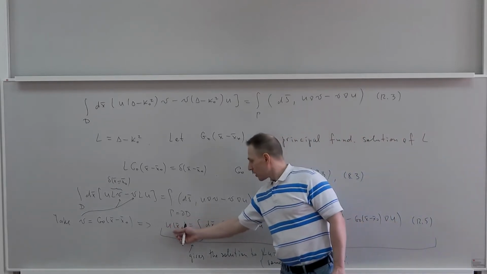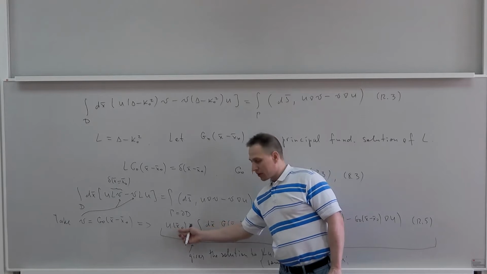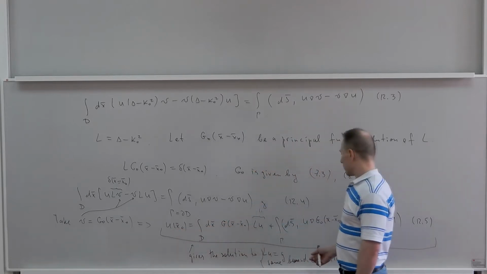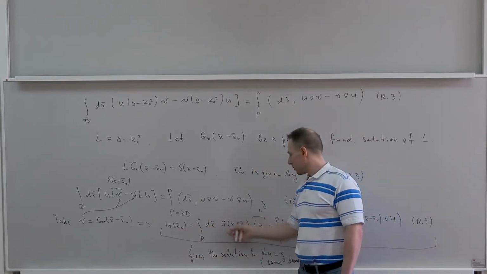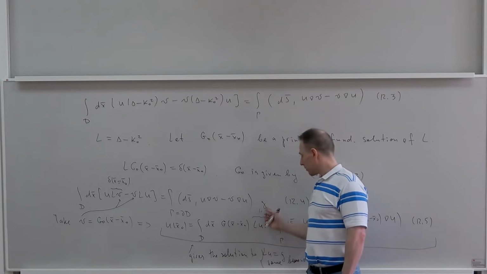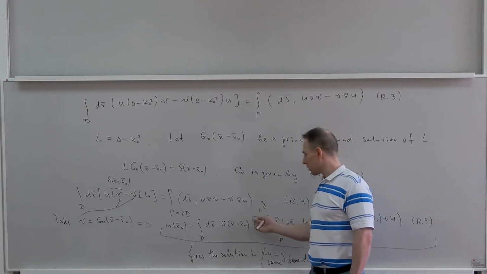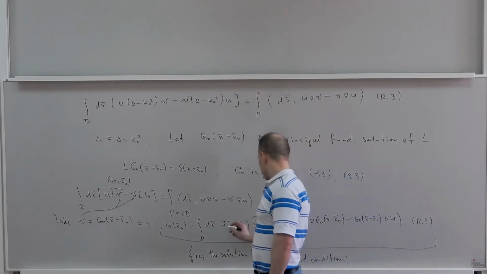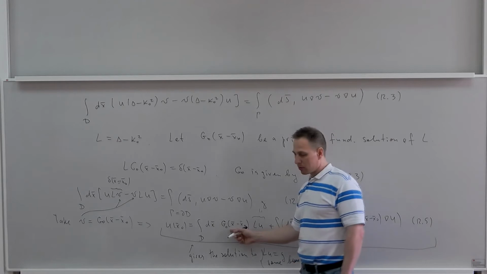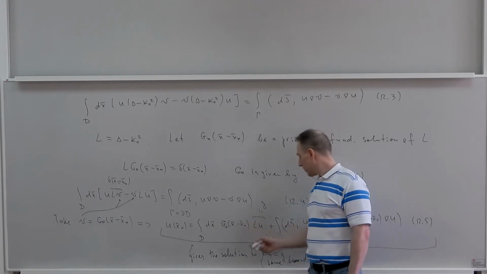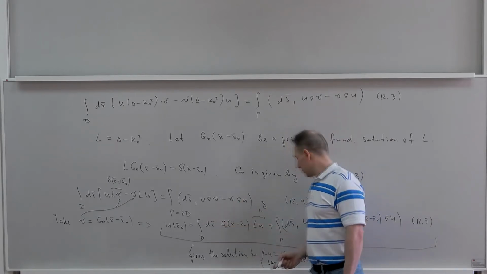the value of the function u at the point x0 is determined by the first integral. In fact, g is a known function, and large G0 is also known explicitly. So this integral is known.